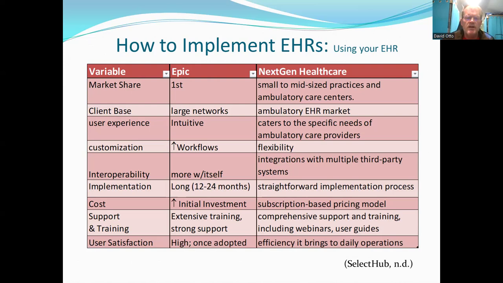The support and training, again, extensive with Epic, and pretty comprehensive as well on the NextGen side. User satisfaction, again, Epic is very high, and it's actually really high with NextGen in its niche, with the efficiency that it brings to the daily operation of the business.